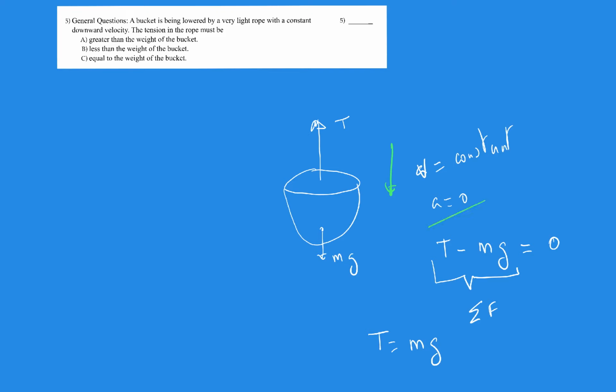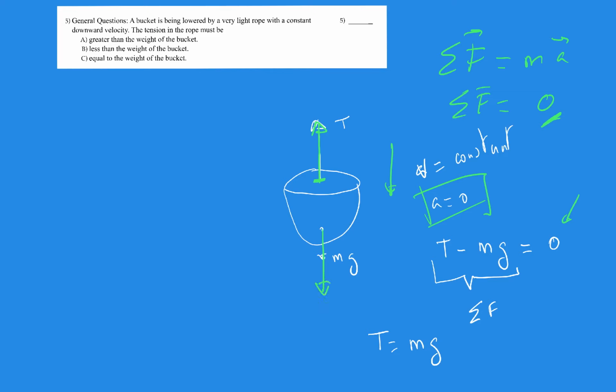Newton's law says the sum of all the forces equals the mass times the acceleration. In this case, the sum of all the forces equals zero because the acceleration is zero. So I need to have the same amount of force going up and the same amount of force going down.